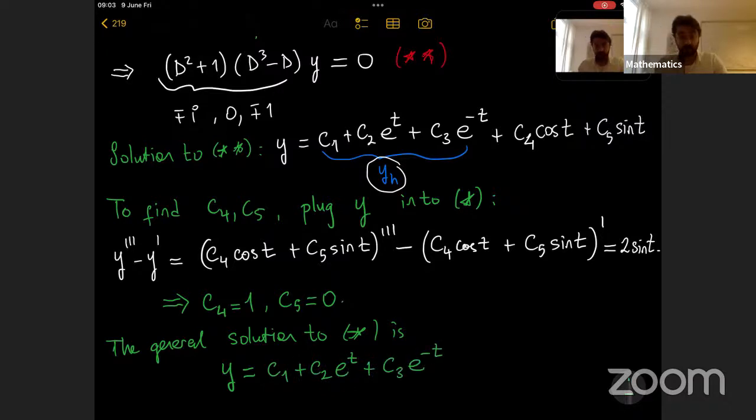Now C4 is 1, so it is cosine t, and C5 is 0, so we are done here, okay? You can also use the annihilator to solve it like this. Any questions about this, friends?